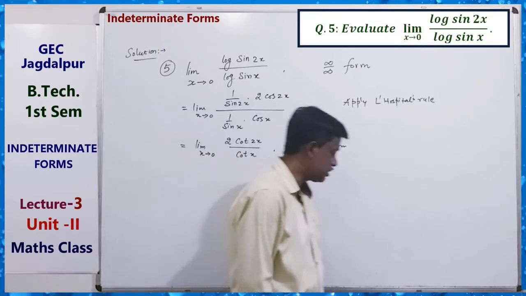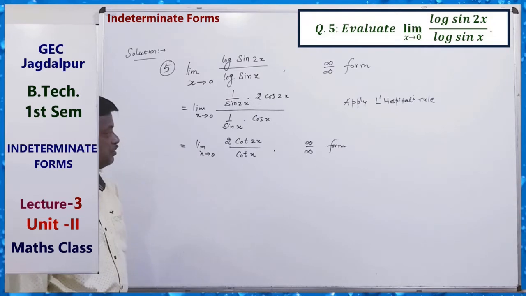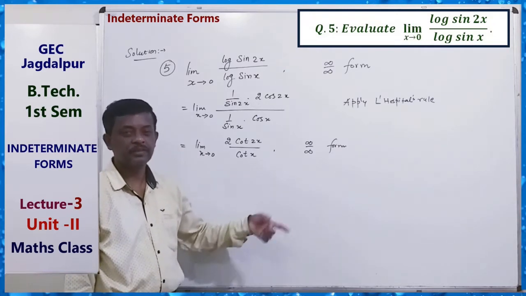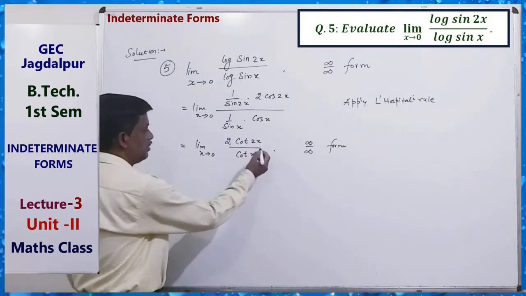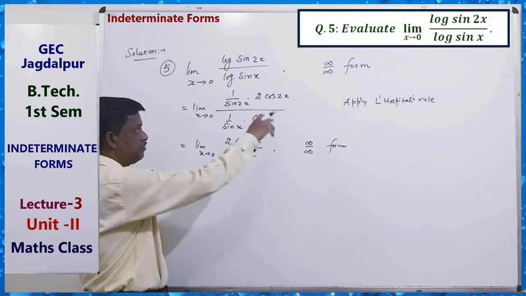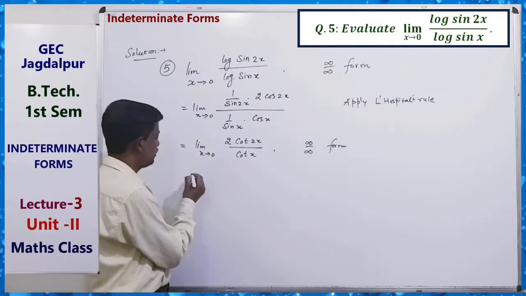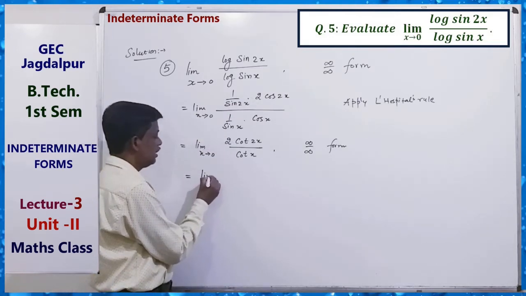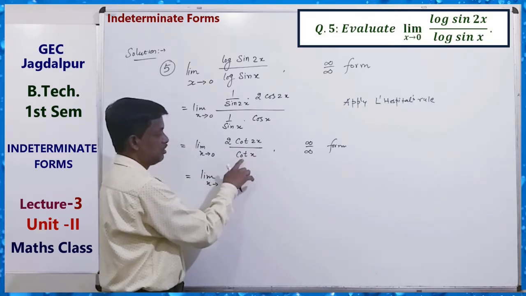So we know that differentiation will be complicated if we always take the infinity by infinity form. So we can convert it to the 0 by 0 form. X tending to 0, 1 by cot.